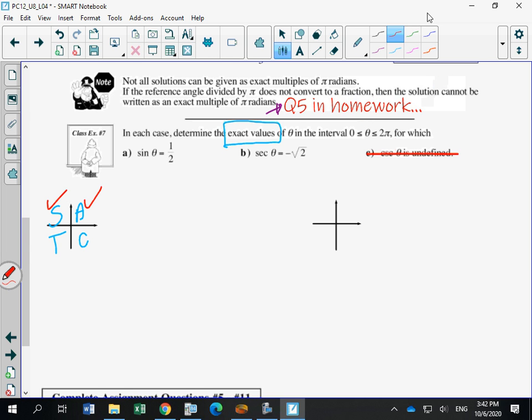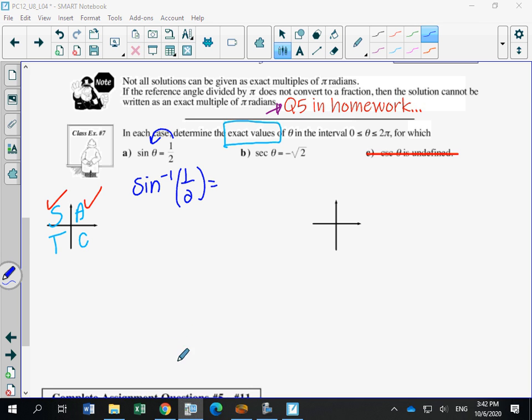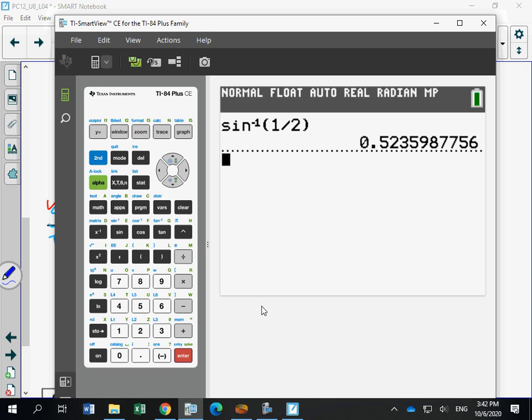Now let's find the reference angle. To find the reference angle, we're going to take the inverse sine of 1 over 2, and that's going to give us a reference angle that is an irrational number. It's going to be a decimal. So I'm going to do the second function sine of 1 over 2, and I'm going to get this number here. I want to know how many pi radians that is.